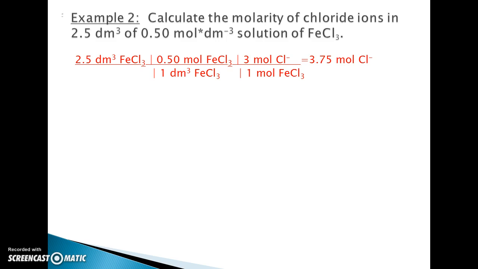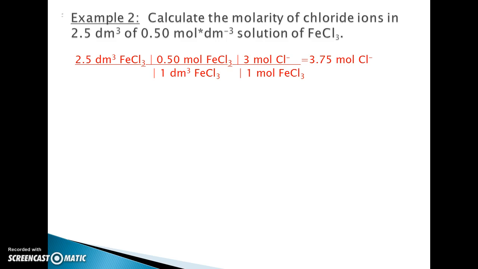So the first thing I need to know is if I'm just talking about chloride ions, well, how many moles do I have? So I can take my liters of iron 3 chloride and convert to moles of iron 3 chloride using the molarity. Now I know that for every molecule of iron 3 chloride, I'm going to produce 3 chloride ions when it dissolves.